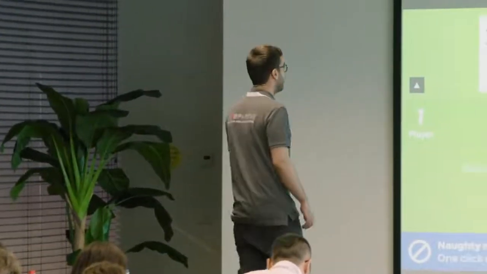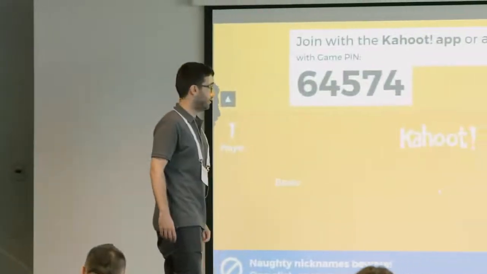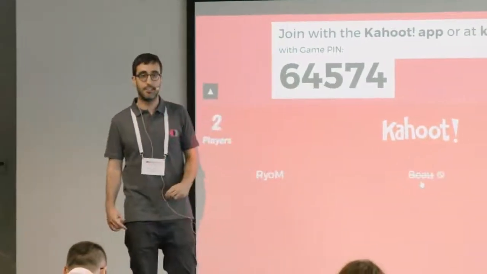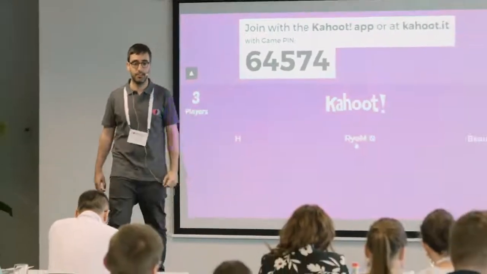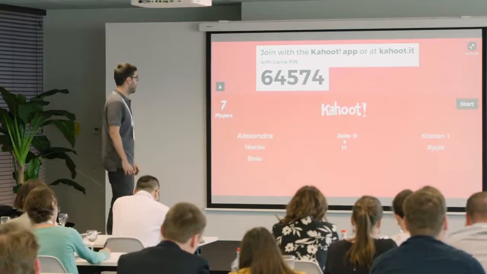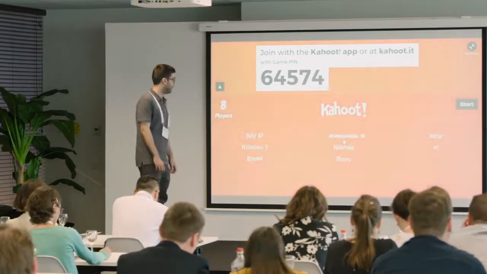OK, we have someone quite fast. Then you need to put in this code. You will see a screen, and then it will ask for this code. Then you can put your nickname or name, whatever you want. OK, we have some players already.